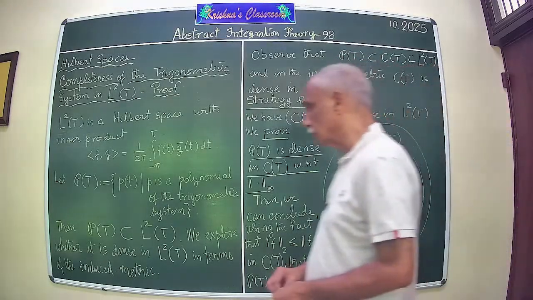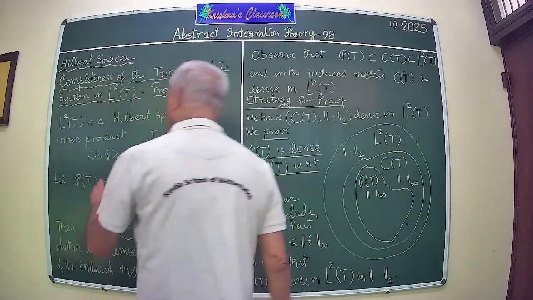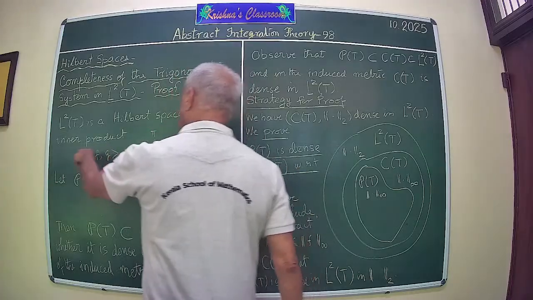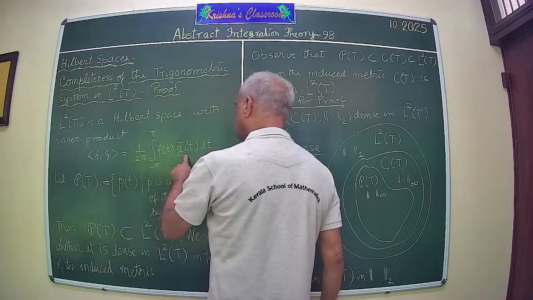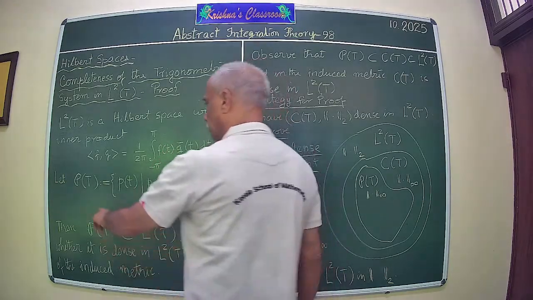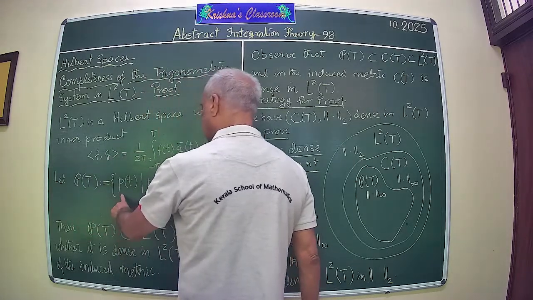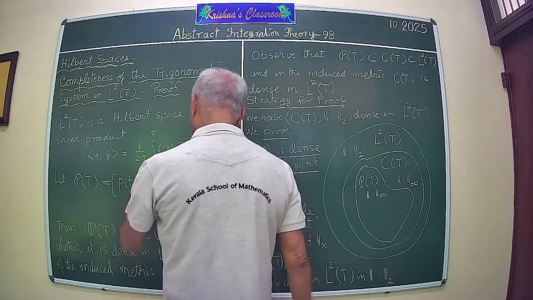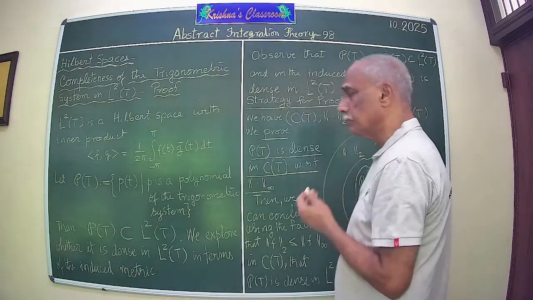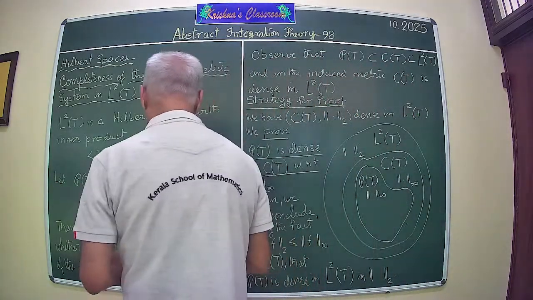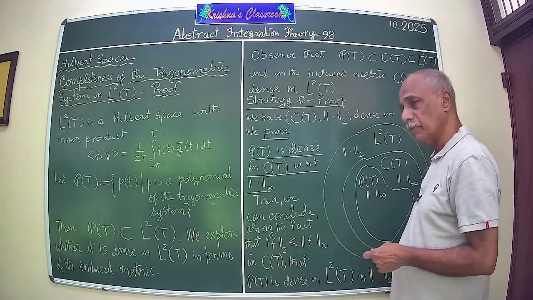So I'll just write down the result. What we observe is that L2(T) is a Hilbert space with the inner product <f, g> given by 1 over 2 pi, the integral from minus pi to pi of f(t) g bar(t) dt. And we also define a new set called script P(T), which is the set of all p(t), where p is a polynomial of the trigonometric system, by which we mean a finite linear combination of the trigonometric system.